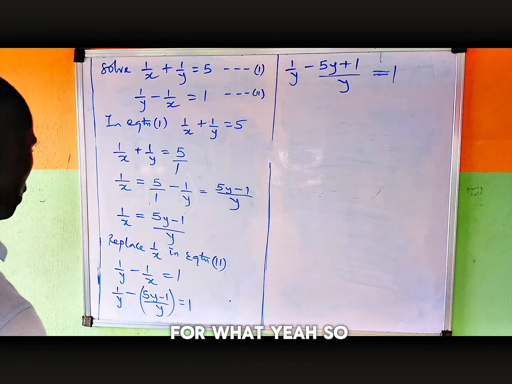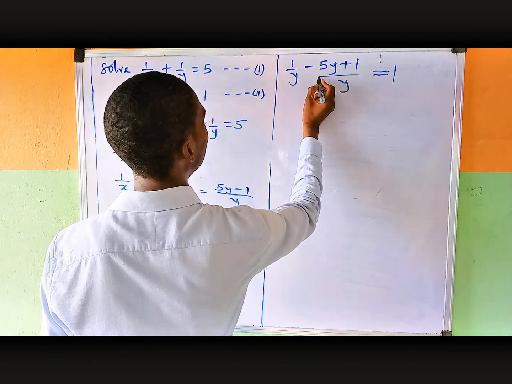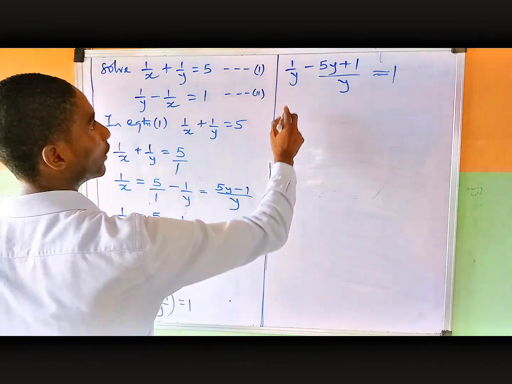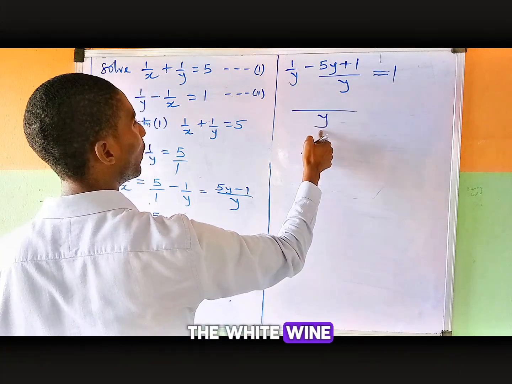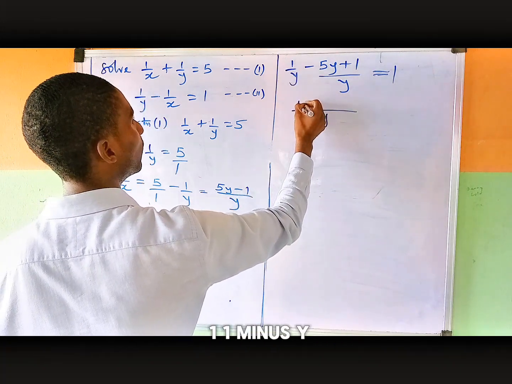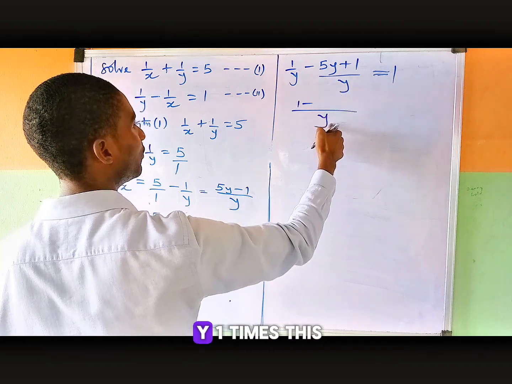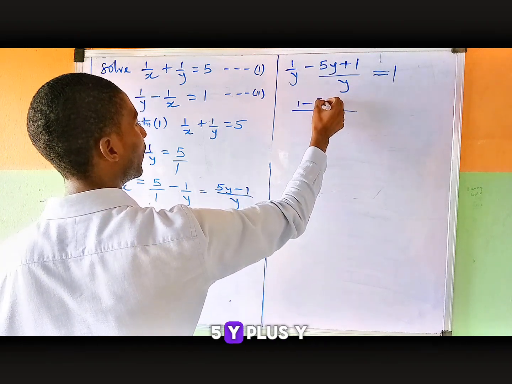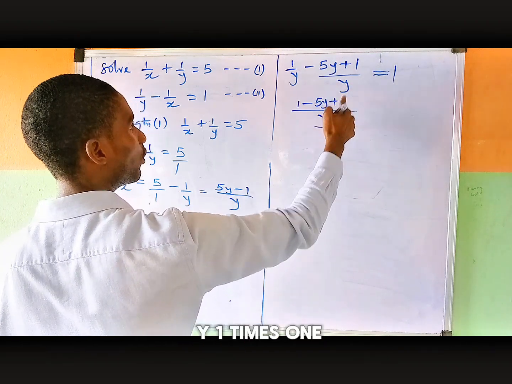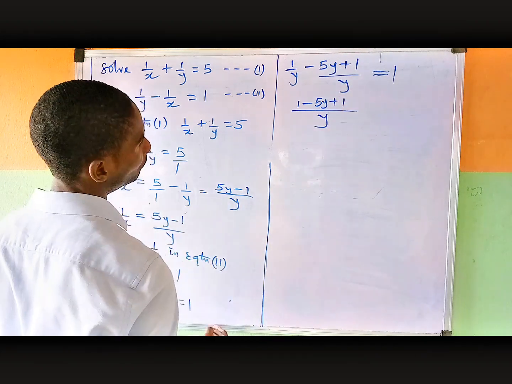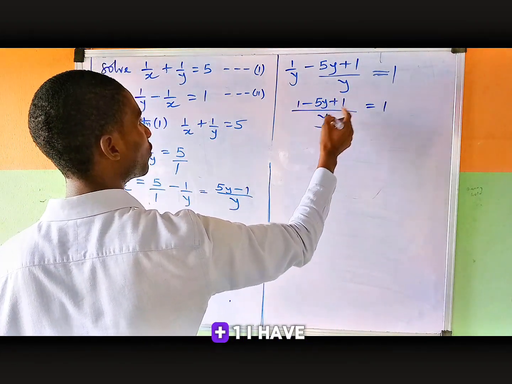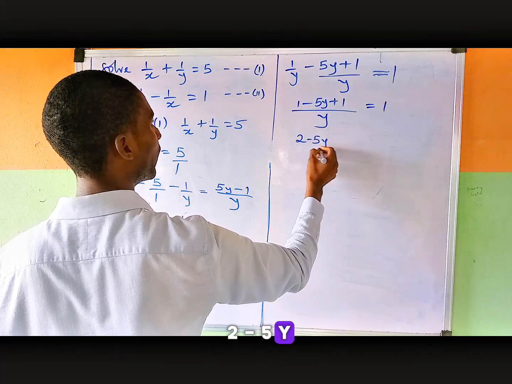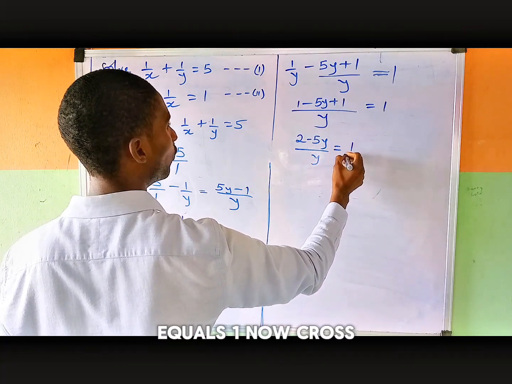So let's try to find our LCM. The LCM will be y. y in y is 1 times 1, 1, minus y in y 1 times 5y, plus y in y 1 times 1, all equals 1. So here I have 1 plus 1, I have 2 minus 5y over y equals 1.